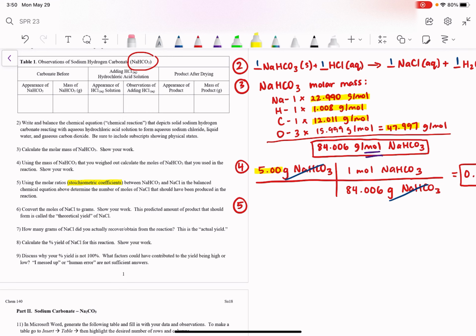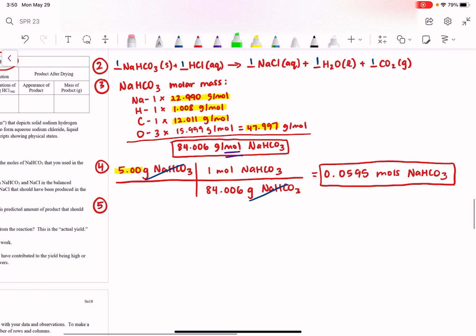You'll hear that term sometimes. Every chemist is different, but it's basically talking about those molar ratios. So what's a molar ratio? Remember in the beginning of the video I said 1 mole of that thing reacts with 1 mole of this thing to give us 1 mole of this, 1 mole of this, and 1 mole of this. Those are your molar ratios, your mole to mole ratios.